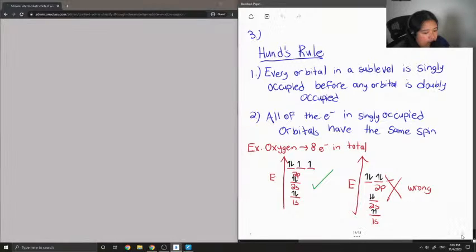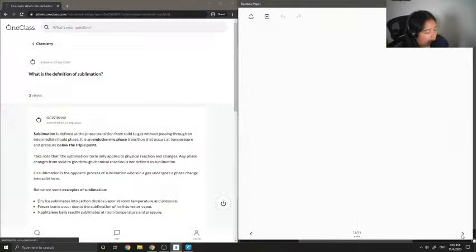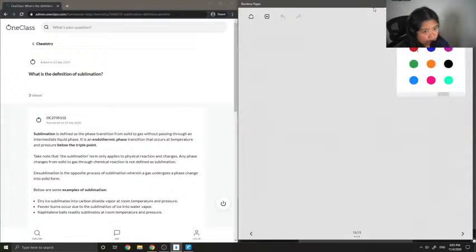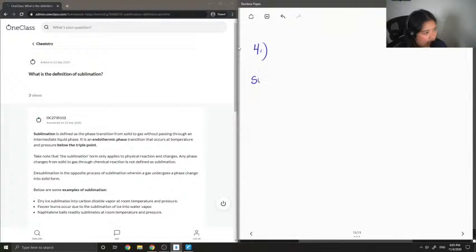Okay, so now let's move on to question number 4. What is the definition of sublimation? So generally speaking, sublimation is a phase transition from solid straight to gas.